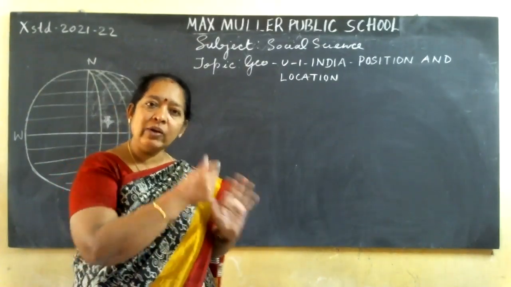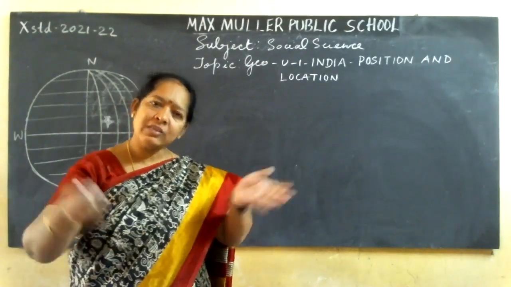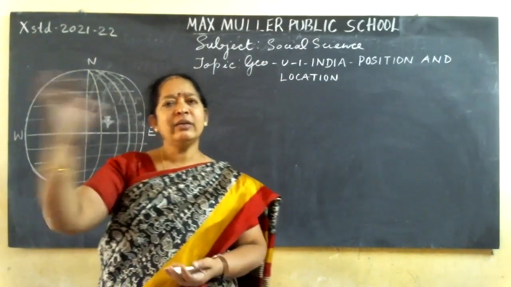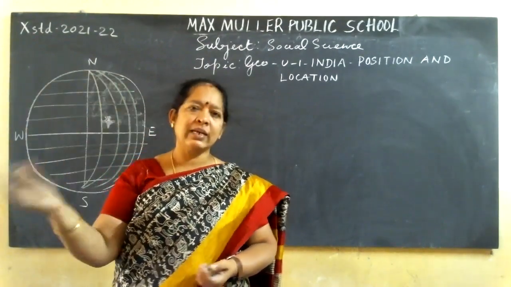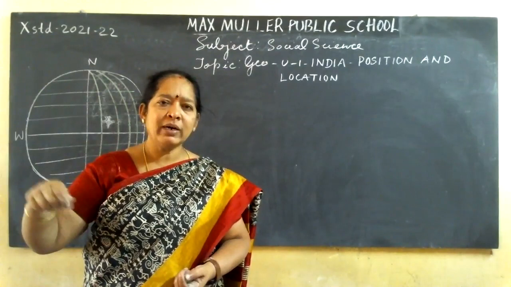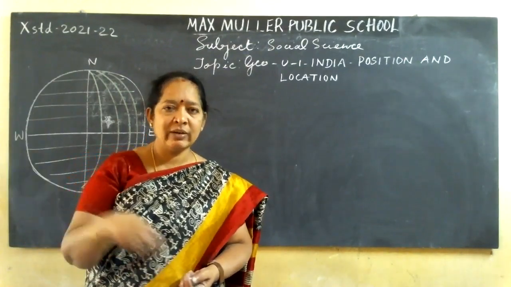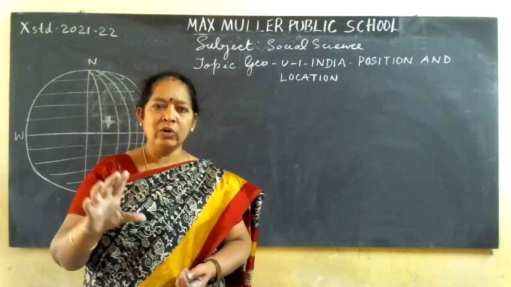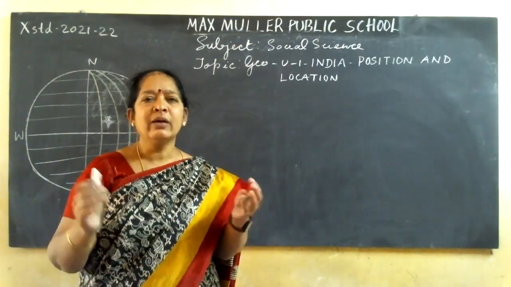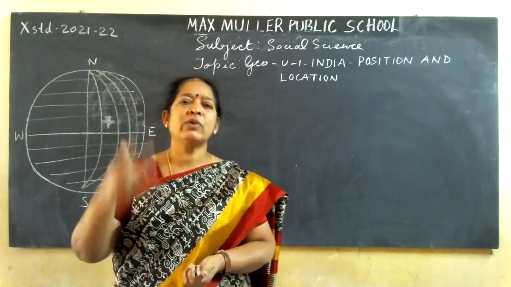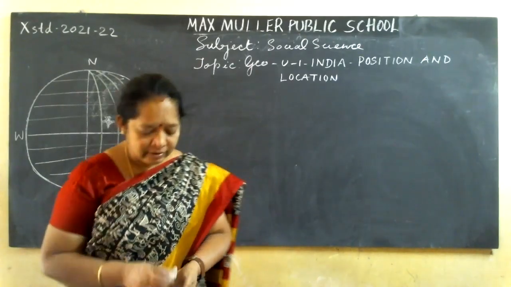Then south is very easy. Then you practice the eastern side, the Andaman and Nicobar, Arunachal Pradesh and Assam, how to draw that. If you practice in this way, you come to know many times. You have to keep on practicing, right?